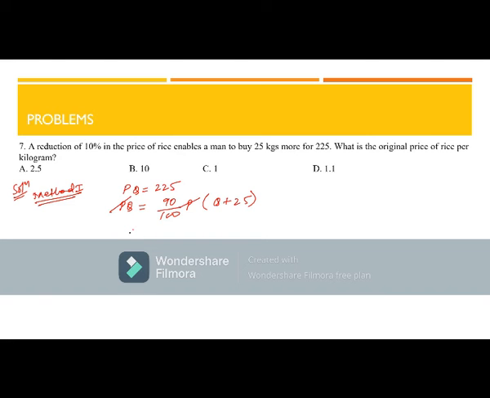So we get here Q equal to 225. So once you solve this equation, you get Q equal to 225. If Q equal to 225, we'll substitute here in the first equation. So we get P equal to 1 rupee. So answer of this question is option C, that is 1 rupee. Coming to method number 2.